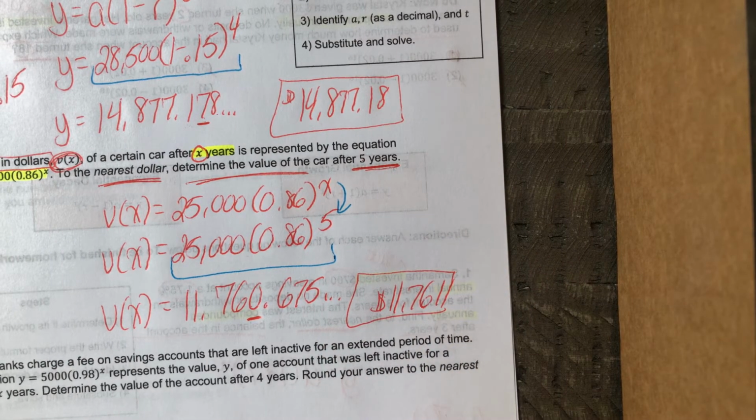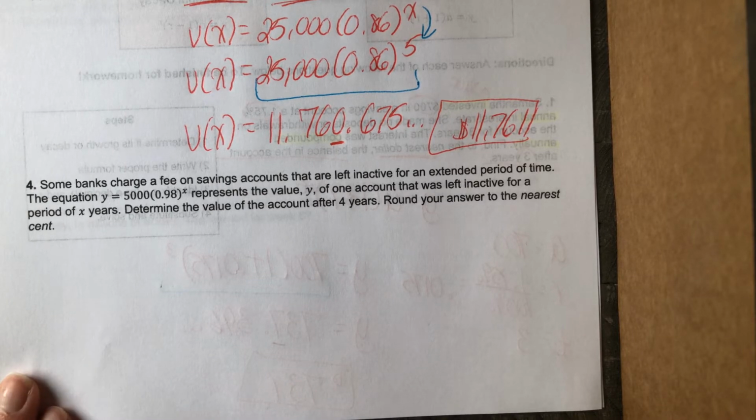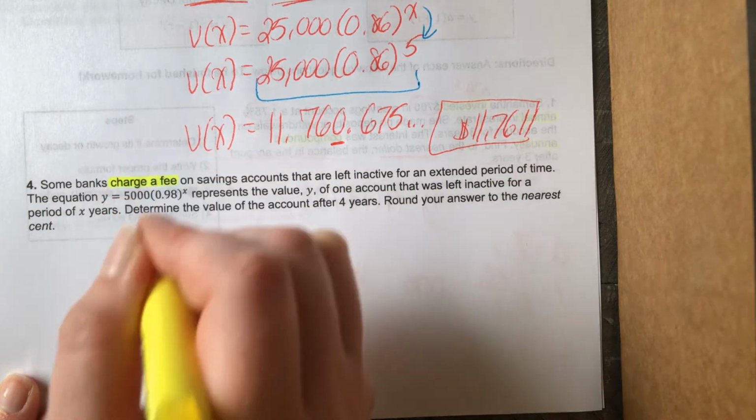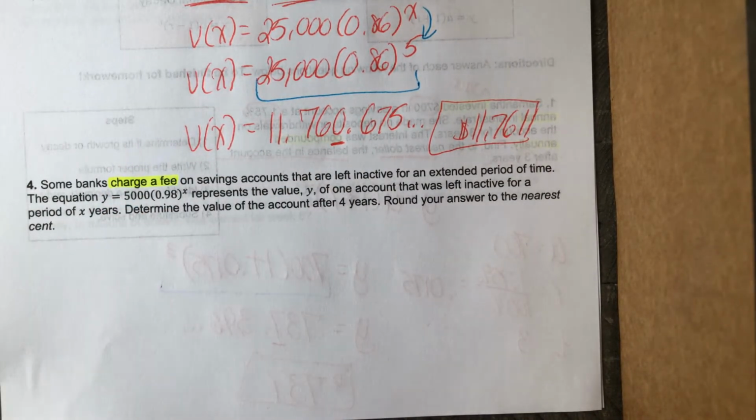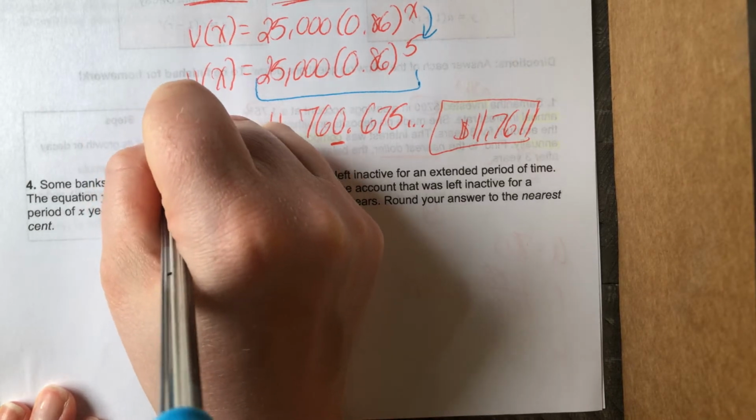Okay. All right, number 4. It says some banks charge a fee on a savings account that are left inactive for an extended period of time. So I just want to go over what's important here because it's kind of a lot. It says that a bank charges a fee. So we've gone over the word fee before. I know if they're charging a fee, it means that they're taking money away.